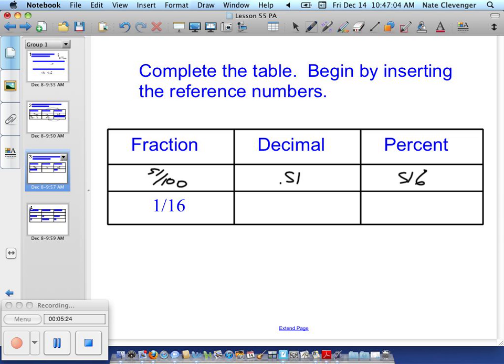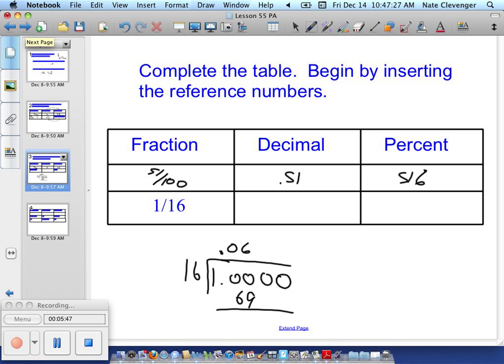But 1/16, how do we change that to a decimal? You divide 1 by 16. Top number divided by the bottom number. Give yourself some zeros. 16 will not go into 10, so I need a 0 there. 16 goes into 100. 5 would be 80, so that's 6. That's 96.